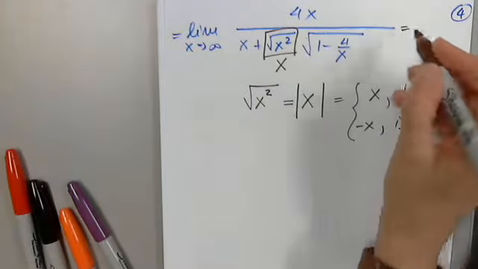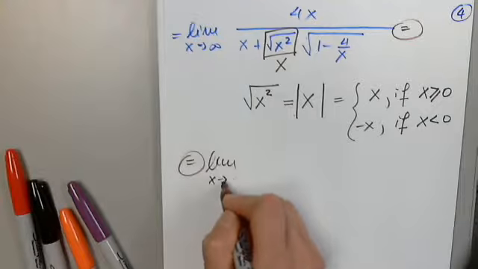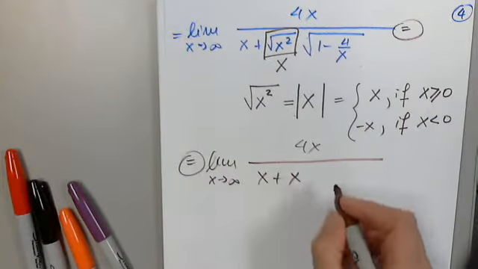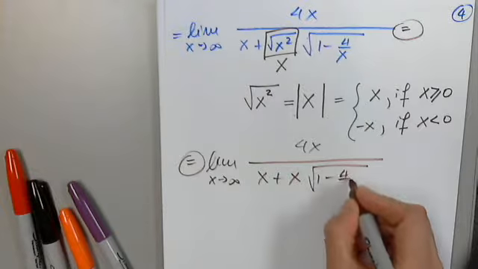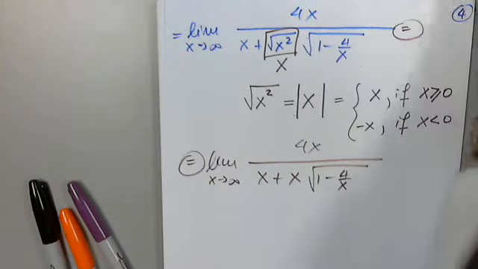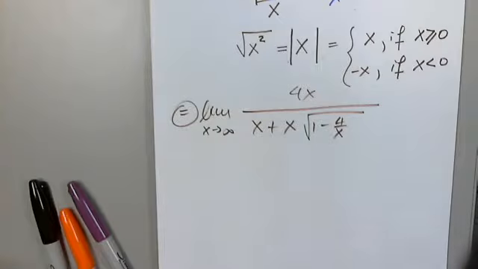So then I can continue with limit as x approaches infinity, 4x divided by x plus x times the square root of 1 minus 4 over x. And like before with all the previous problems, what do you think I am going to do now in the denominator?